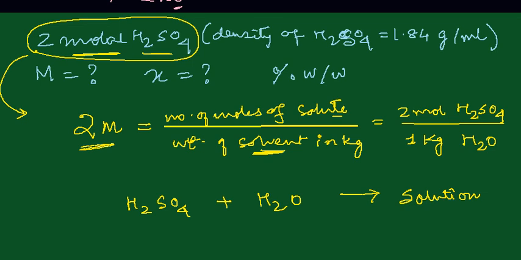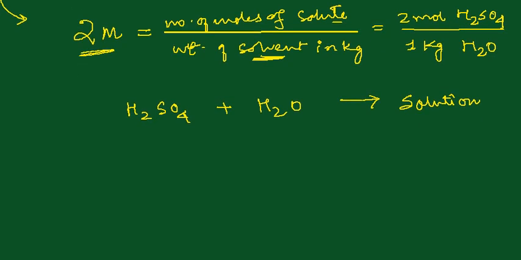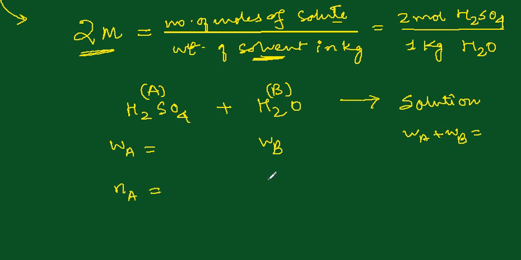We have got the weight of sulfuric acid, which we are going to represent by A, and the solvent, water, by B. So the weight of sulfuric acid, the weight of water, the weight of the solution. Like that, we'll have the number of moles of the sulfuric acid, the number of moles of the solvent, water, and then the total moles of the solution.